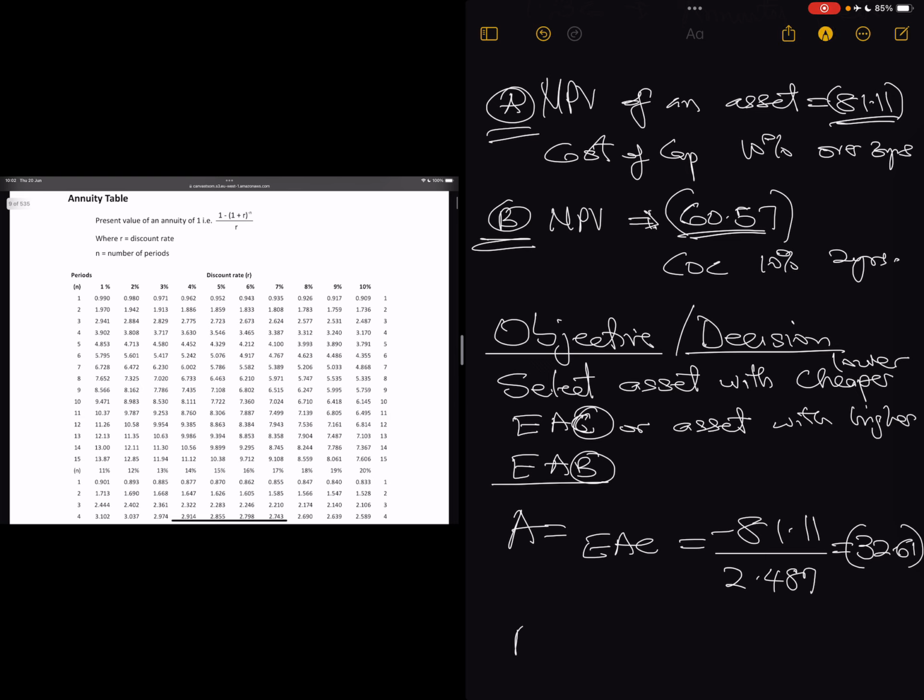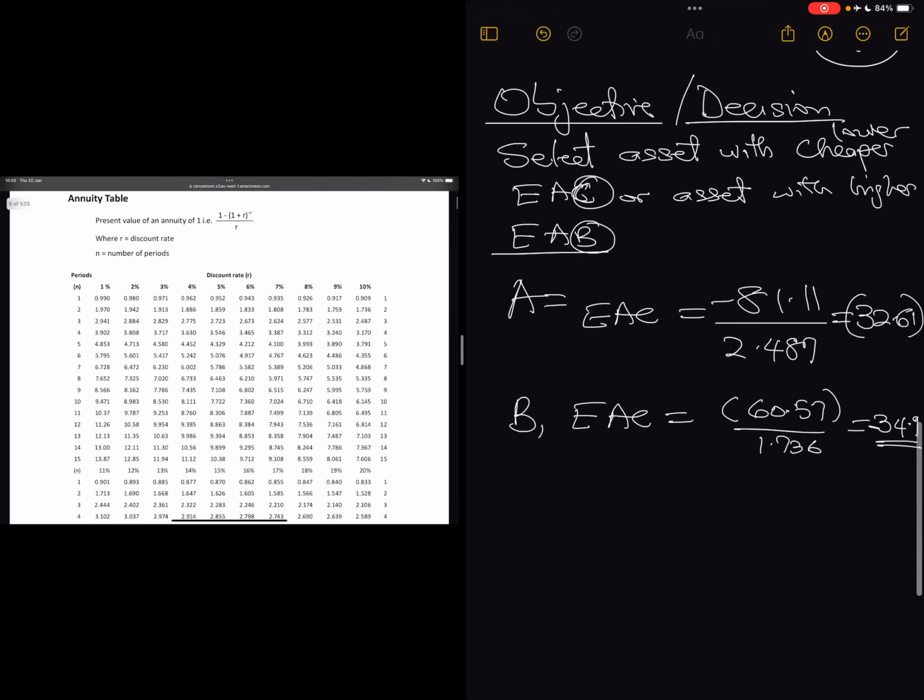Now let's do it for asset B. Because it's also negative, it also has a negative equivalent annual cost. 60.57 divided by, well, this is over 2 years at 10%, 1.736, and that gives 34.9, negative.